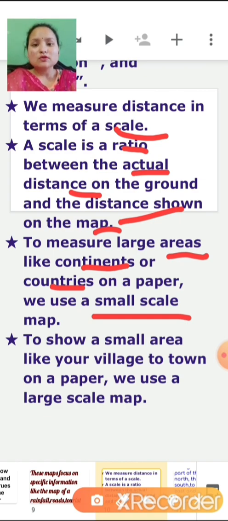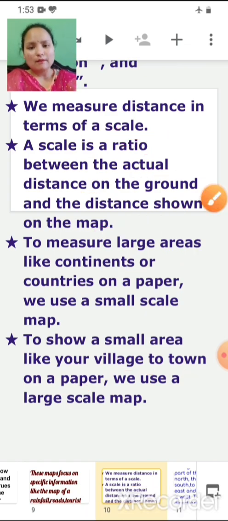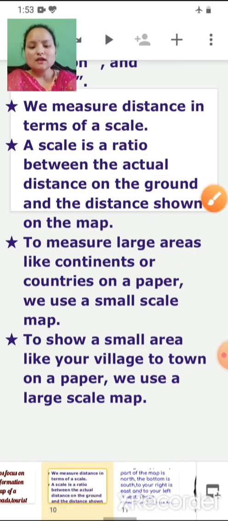And to show a small area like your village, town on a paper, we use a large scale map. So for measuring large areas, we use small scale map, and to show smaller areas, we use large scale map.